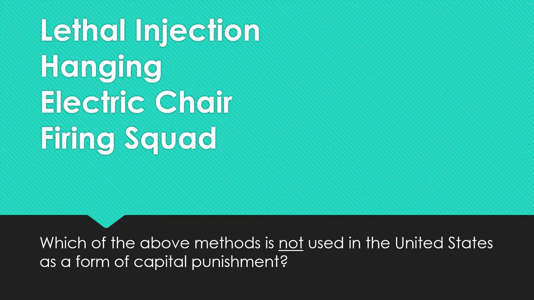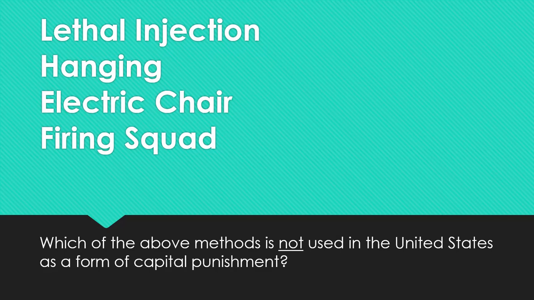There's hanging, where you are hung from a gallows with a noose around your neck and it breaks your neck. The electric chair, which is fairly self-explanatory. It sends electricity through your body until you're dead. And firing squad, which again is fairly self-explanatory. A group of people shoot you and you die.